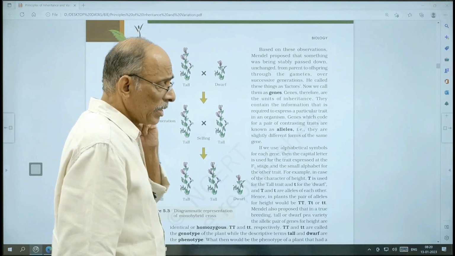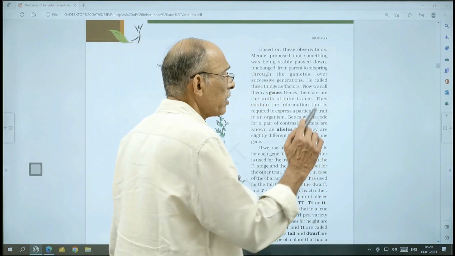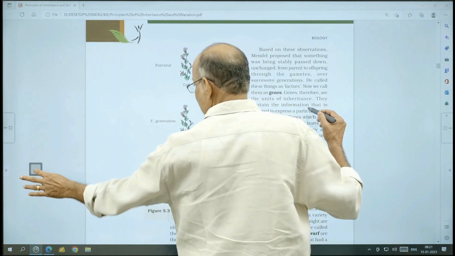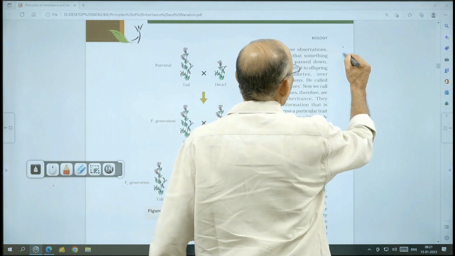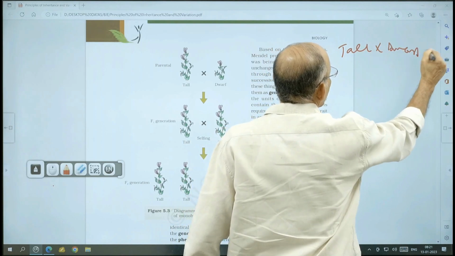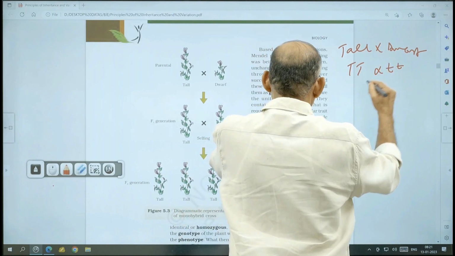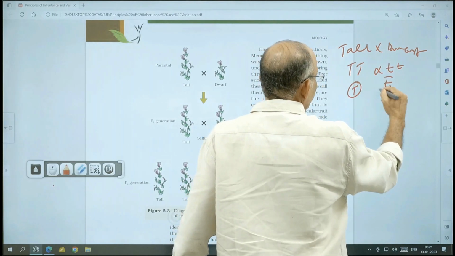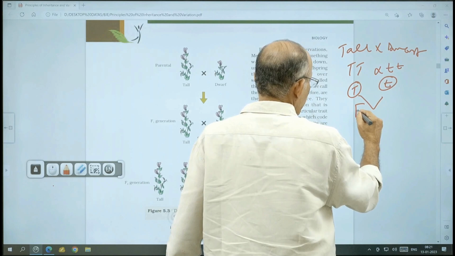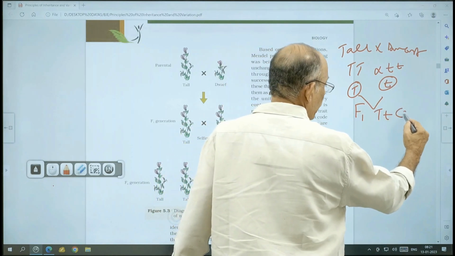When two parents of contrasting traits are crossed, pure tall into pure dwarf, and gametes. This was the F1. F1 was tall, heterozygous tall. And this F1 was selfed.